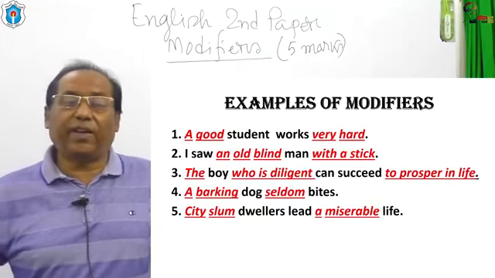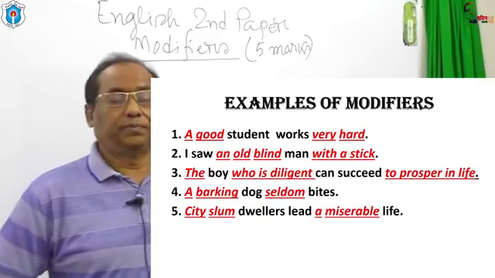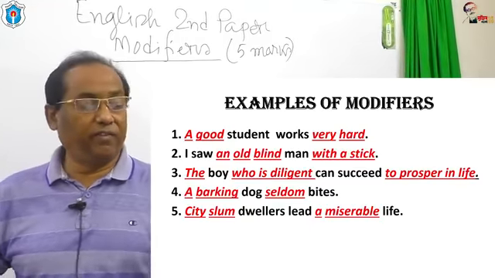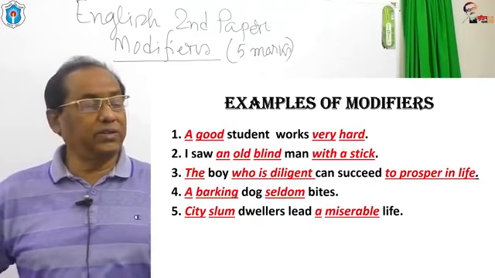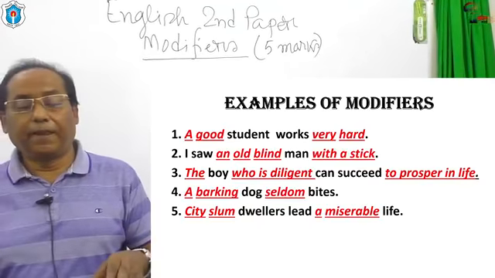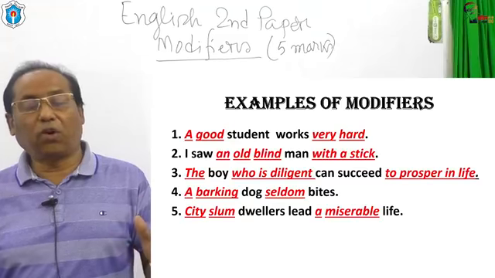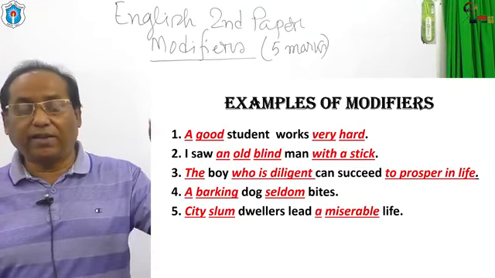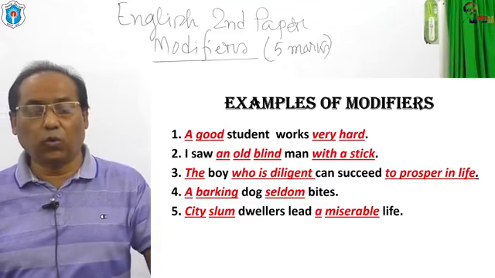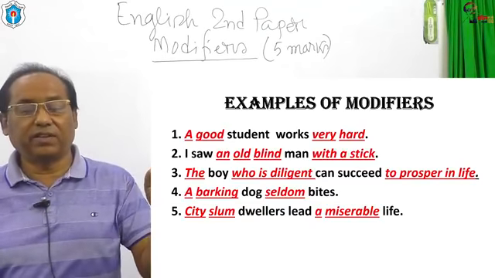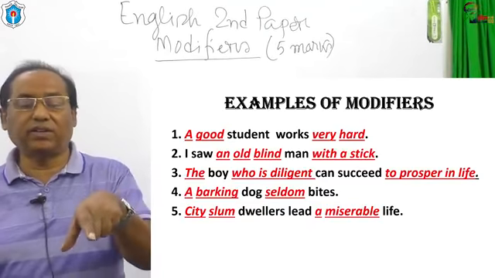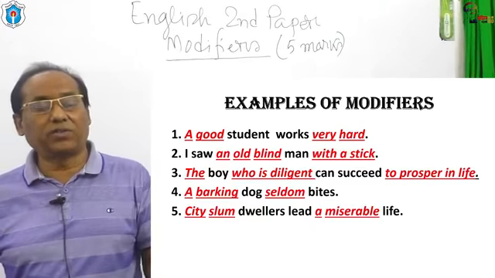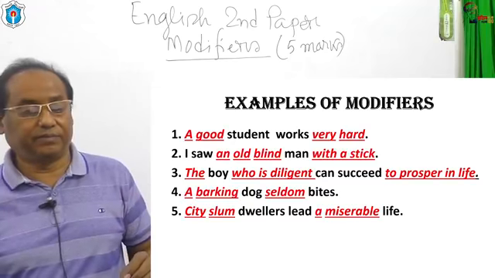Is it a phrase or clause? You can see a subject who and a verb is. Who is diligent? It is a clause because it is a part of that sentence and it contains a subject who and a verb is. So, who is diligent is a clause. In this sentence, this clause is also a modifier. Why?